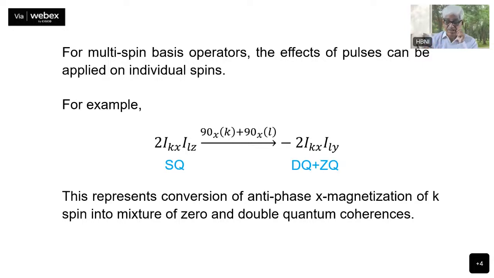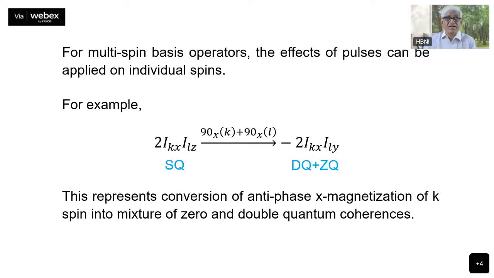Now nothing happens to X because it is invariant under X rotation. Therefore, Kx remains as Kx. What happens to Z? Z goes to minus Y. Okay. So therefore, it becomes minus 2IKX ILY.